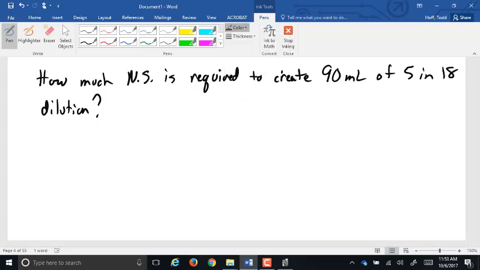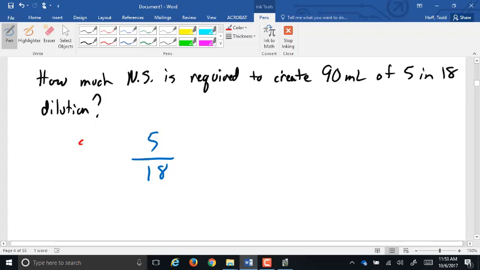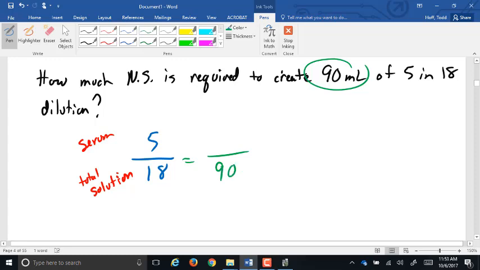Well, again, we have our dilution here. It's a 5 and 18. The 5 describes part serum. The 18 describes total solution. Does anything that we have in this problem describe either one of those? 90 milliliters, which is total solution.